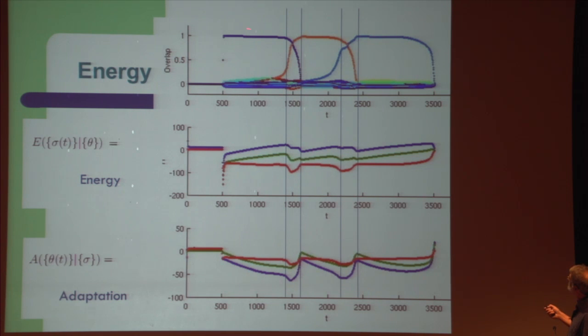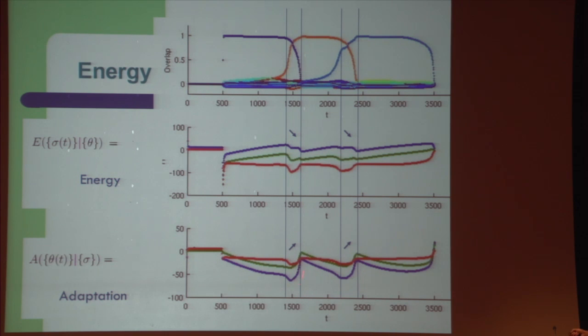but it does decrease at the moments when there is a transition. So you can think of breaking the latching dynamics into long periods when the network is more or less in a stable state, and short periods when it has a transition. And in the limit that the short periods are very short compared to the long periods, then during the transition, the energy decreases and the adaptation functional increases.